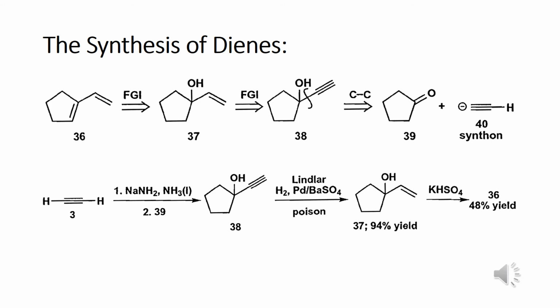The first disconnection is the same, but a reagent for the synthon, structure 40 in this slide, replaces the vinyl metal derivative. The published synthesis of structure 36 used the sodium salt, and the reduction goes in excellent yield. Only the dehydration with potassium bisulfate is a little poor.